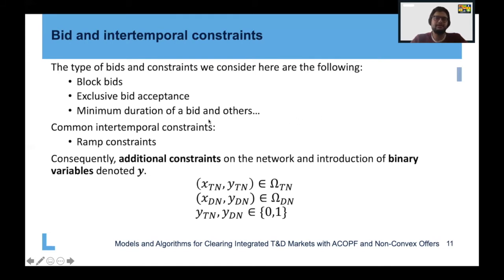And we also have some common inter-temporal constraints like ramp constraints. So for our problem, this will lead to additional constraints on the network and the introduction of binary variables y. That's why now x is also linked to y for both transmission and distribution, and y is a binary variable.